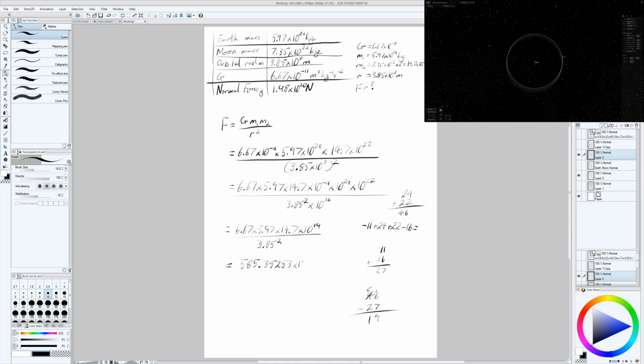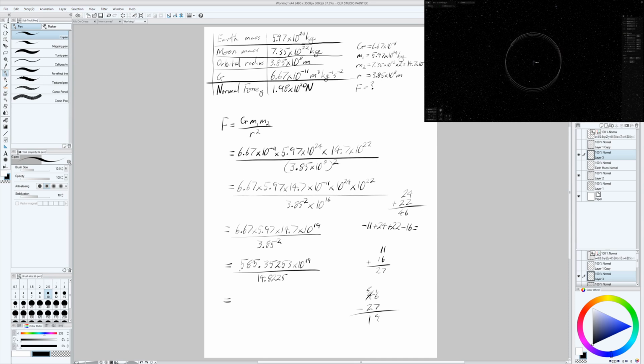585.35253 times 10 to the 19 all over 3.85 times 3.85, which ends up being 14.8225.